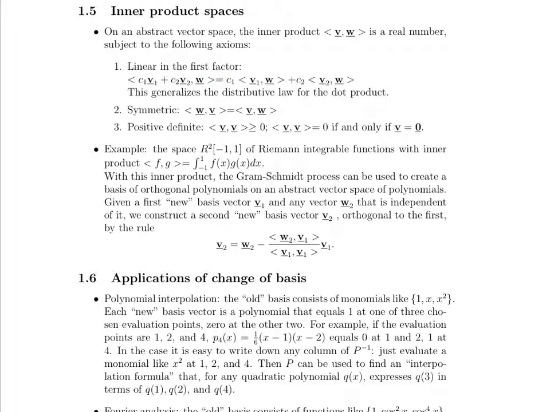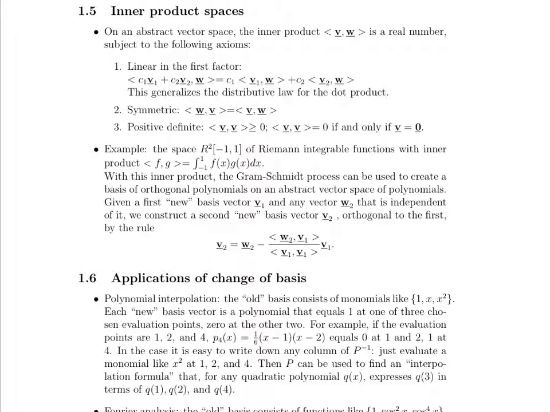If you are able to factor out a coefficient on one of the two components in the inner product, then the overall effect is to take that inner product and multiply it by that scalar multiple. So for instance, C1 times V1 plus C2 times V2, take that inner product with W.